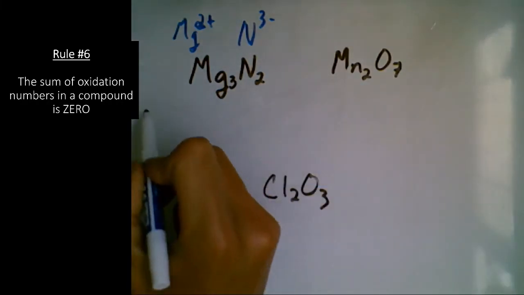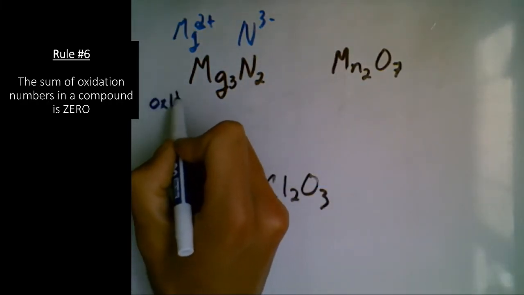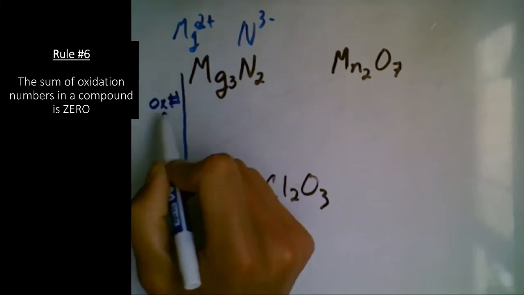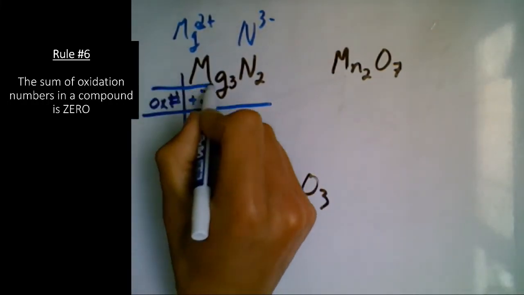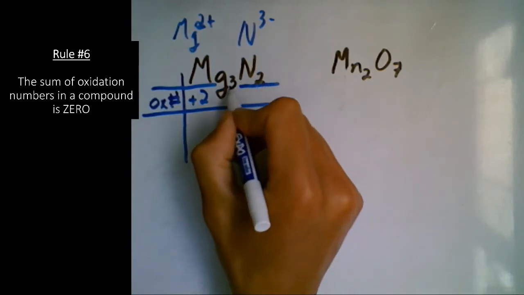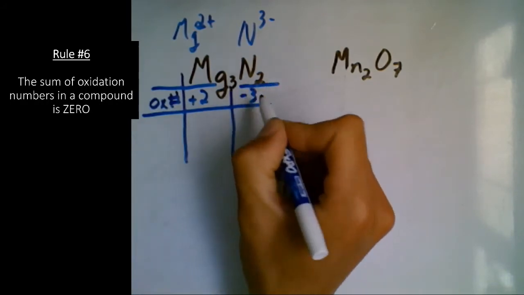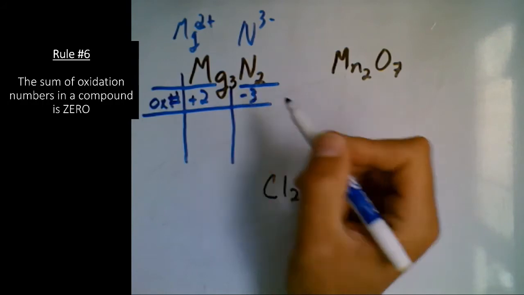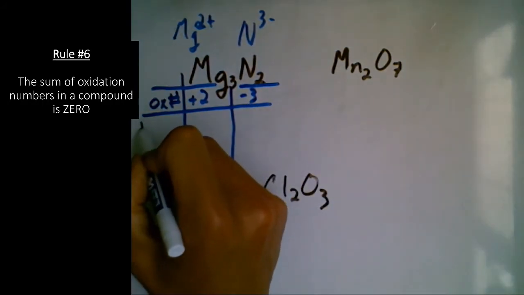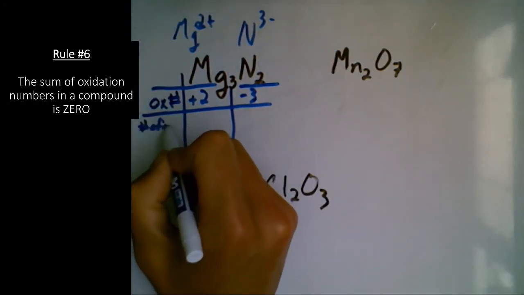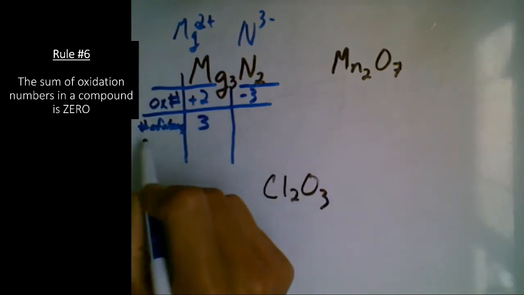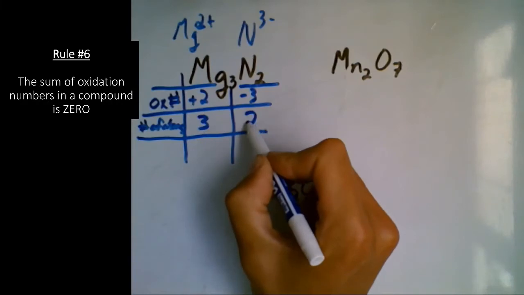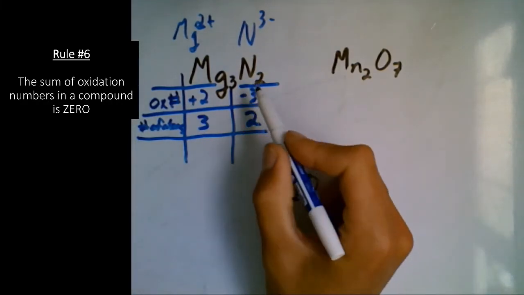Well, if we take a look at the oxidation number of magnesium, it is +2 because that's the charge of magnesium. The oxidation number of nitrogen, well, it's -3 because that's the charge. But we need to look at the number of atoms. There are 3 magnesium atoms. There are 2 nitrogen atoms.